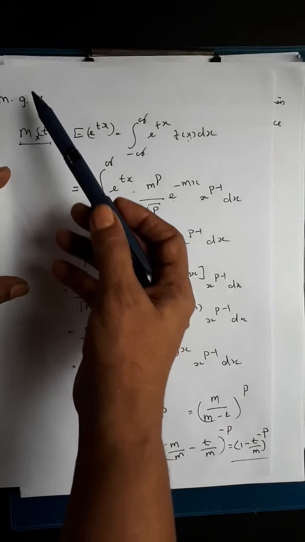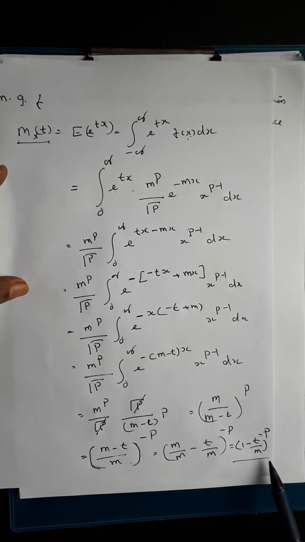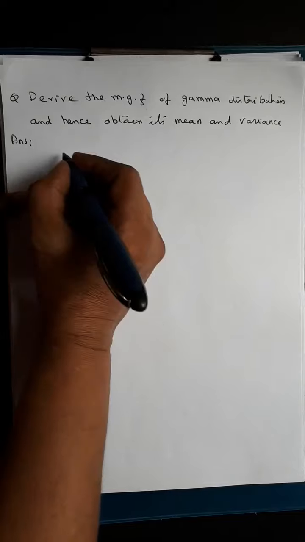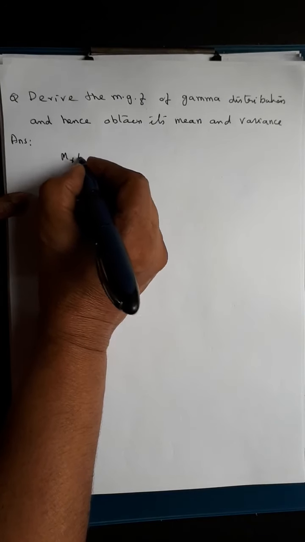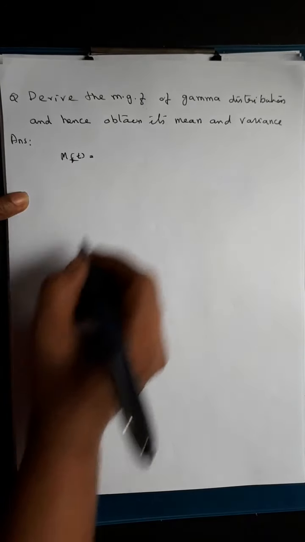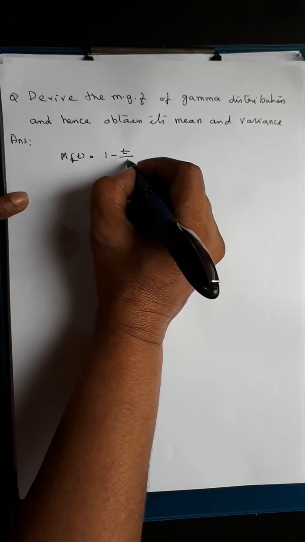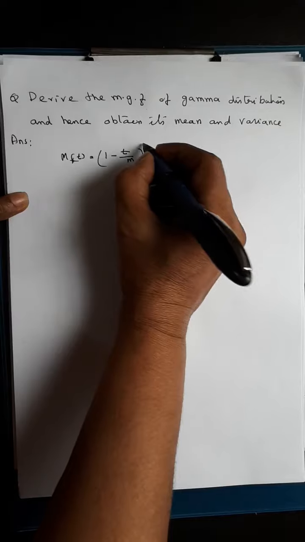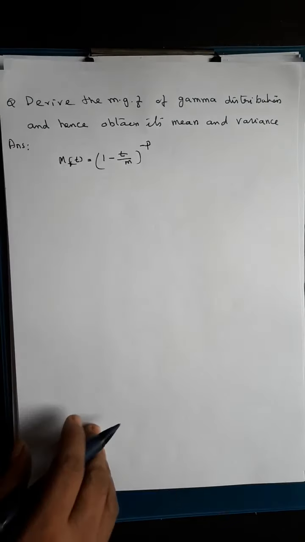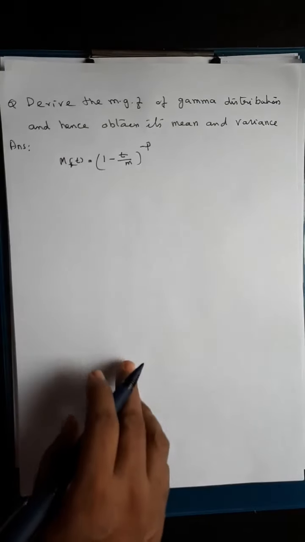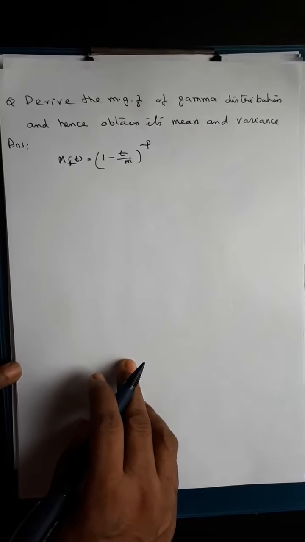So first we have to write all these steps of finding moment generating function, and we will reach at Mx(t), the moment generating function, is equal to 1 minus t by m all raised to minus p, where m and p are called the parameters of gamma distribution.